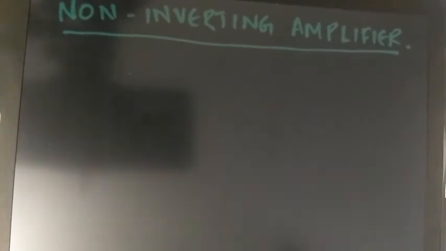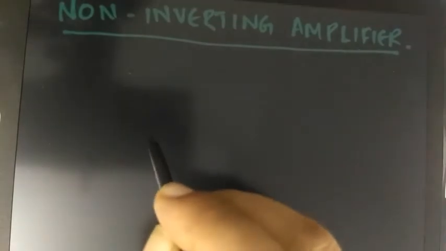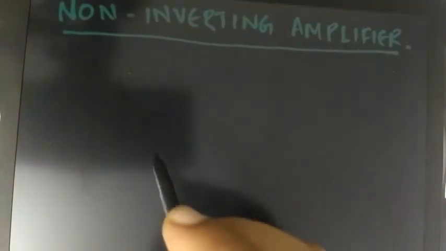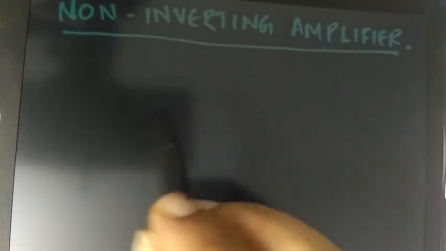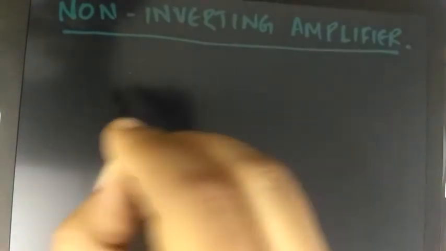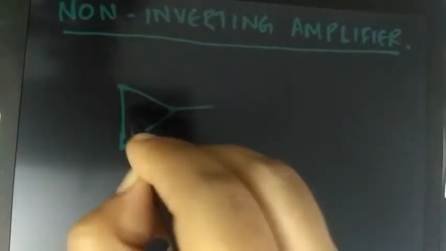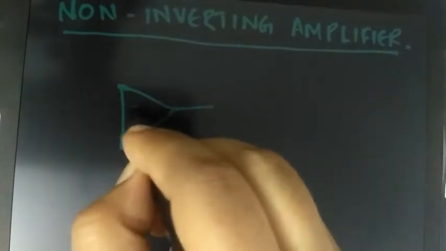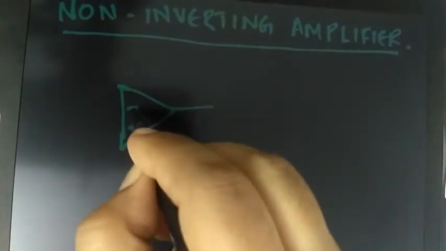Okay, so the circuit diagram of a non-inverting amplifier, with the inverting terminal grounded. I'm drawing, see how it works. This is pin number 2, that is the inverting terminal.